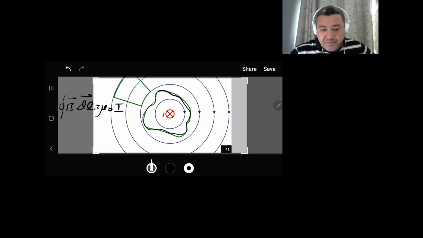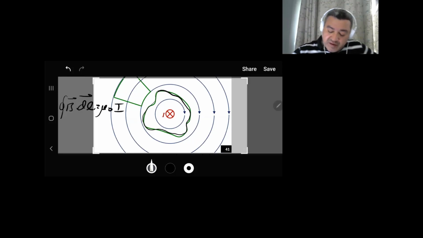But at the end, Ampere's law says any closed path, if it has a current going through, then there will be a magnetic field that is this current within this path multiplied by the permeability of the medium will basically equal to the integration of the magnetic field along this path.